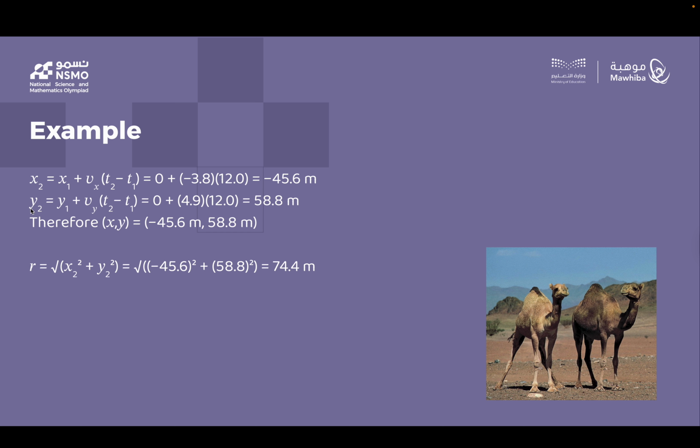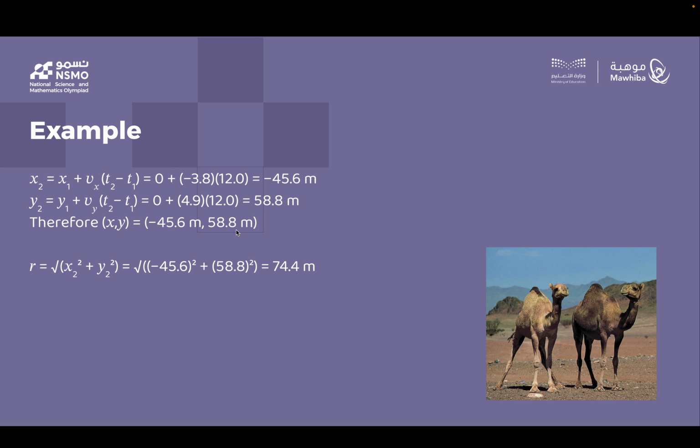Then along the y-axis, y2 is equal to y1 plus vy times (t2 minus t1). Again, y1 was 0, and we just substitute vy and the time difference, and the result is 58.8 meters. Therefore, the final position described by the x and y coordinates is minus 45.6 meters and 58.8 meters.